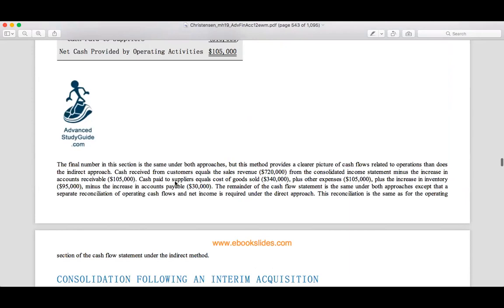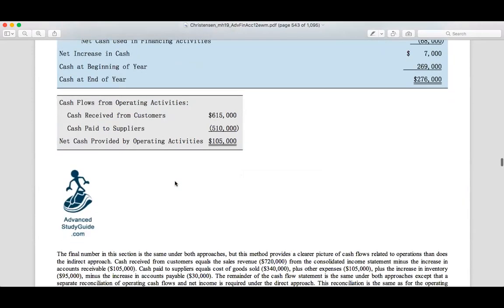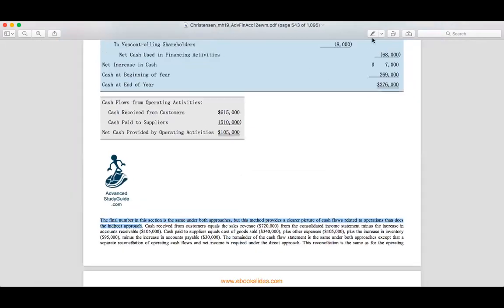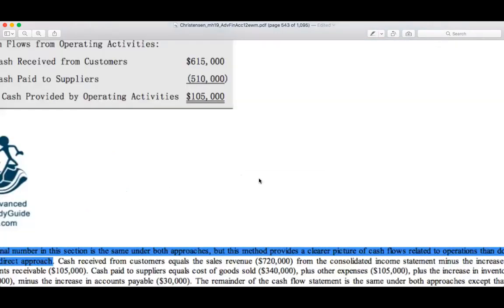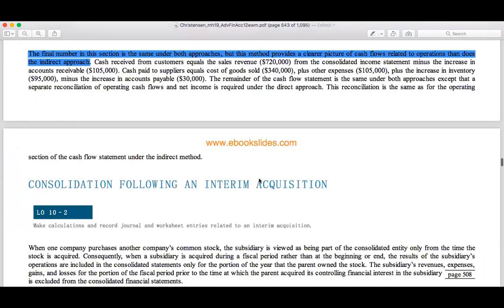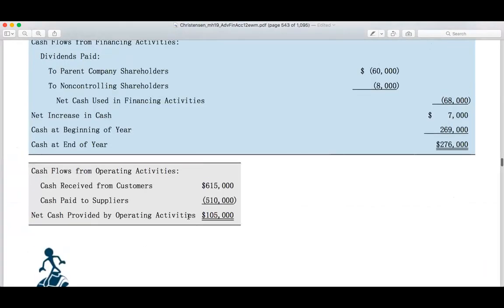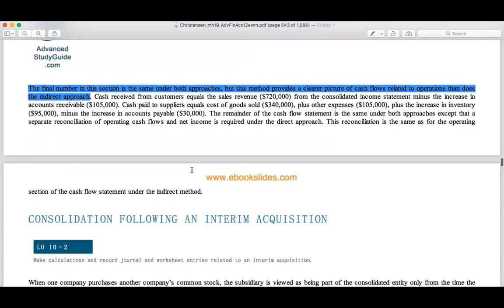There is a clearer picture of the cash flow related to operations rather than in the indirect approach. This is also stated here. You may have difficulty looking at it, but all of this information has been explained here. So this is the example for the direct method.